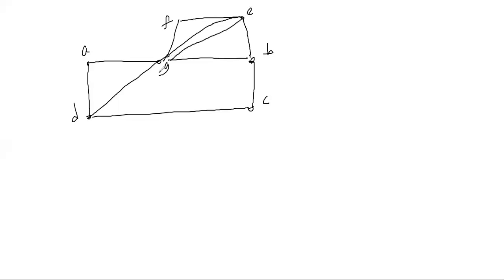Now, A, C, B, G, F, E, A. So now, first we see the BFS. I'll show the difference between these two. First BFS, what do you have to do? Select one vertex, BFS method.